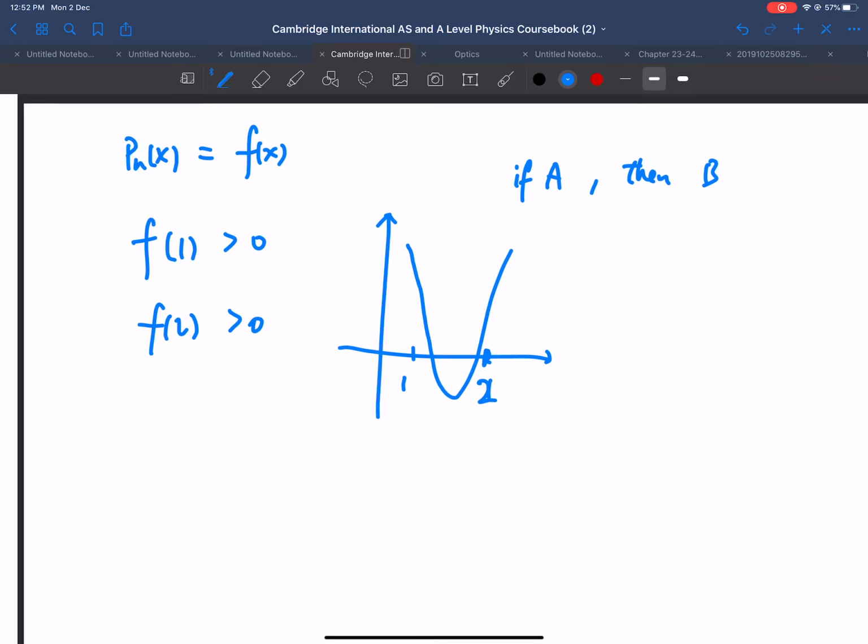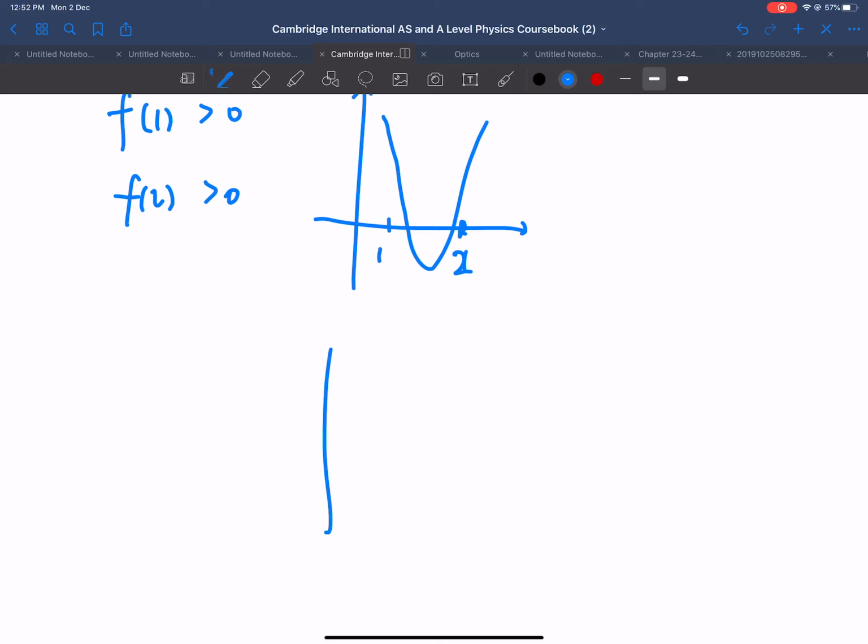Another possibility is that they just touch the line, then there's only one root in between. There can be 0 roots, 1 root, 2 roots, or infinite roots in between. It depends. Now we finished 3.1 already.